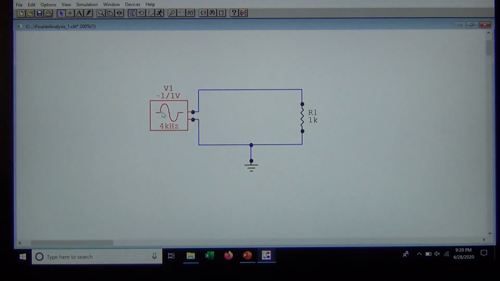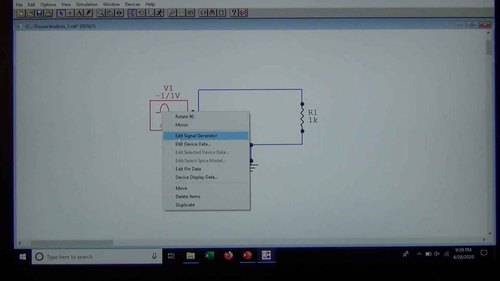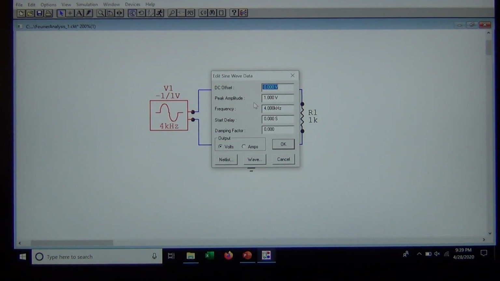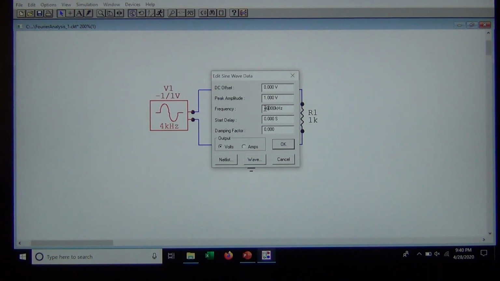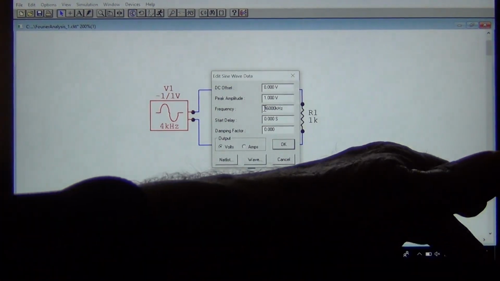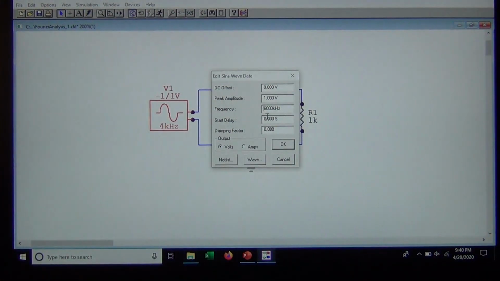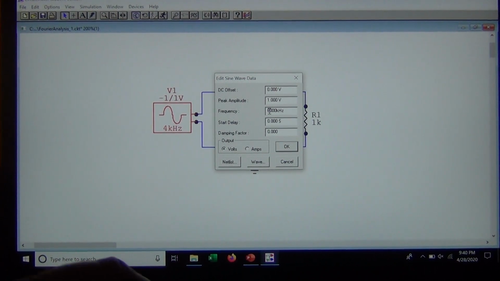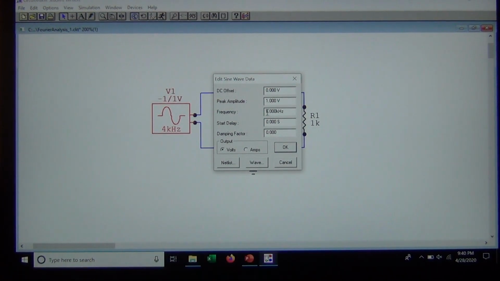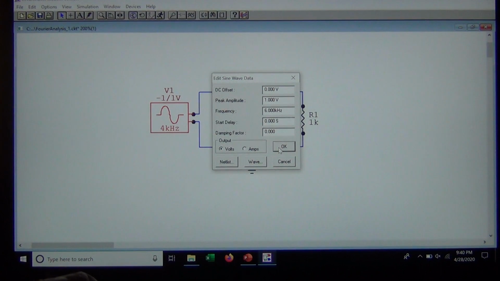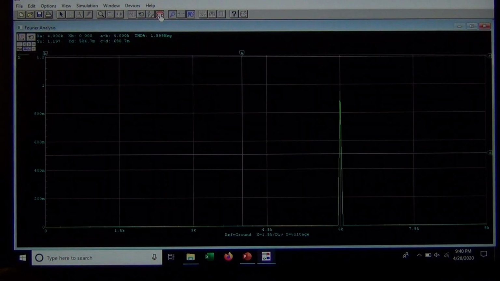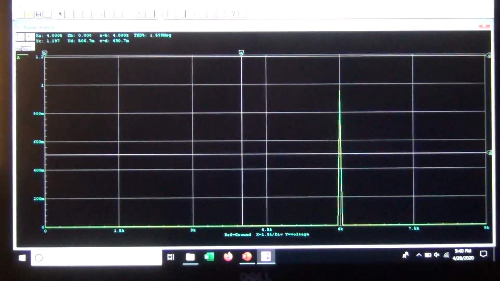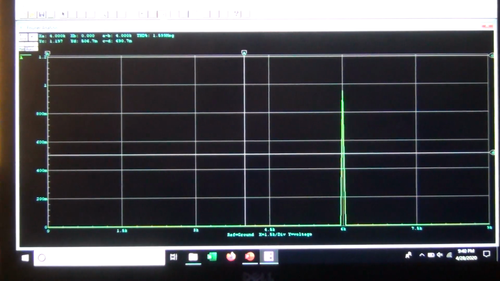So I edit the signal generator, get the right one this time, backspace, put a dot in there, 6 kilohertz. Hit OK, run this, and sure enough the spike has moved over to 6 kilohertz.